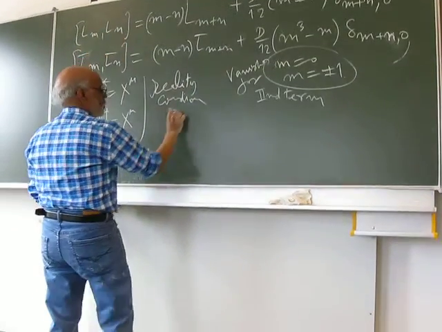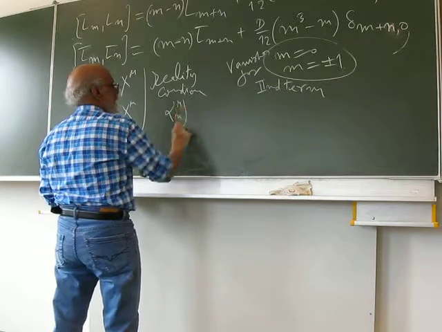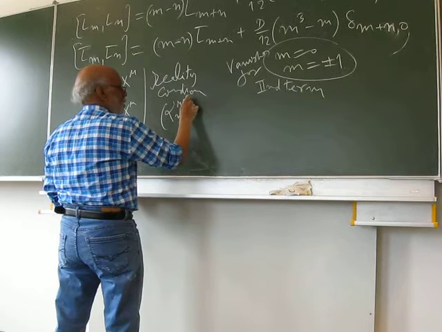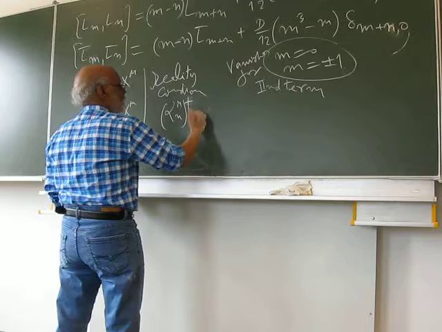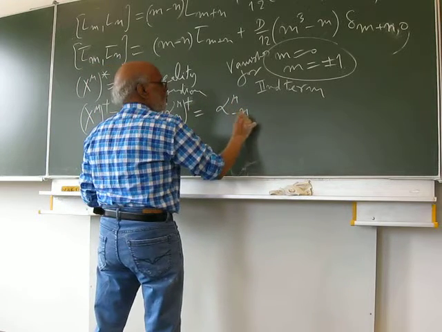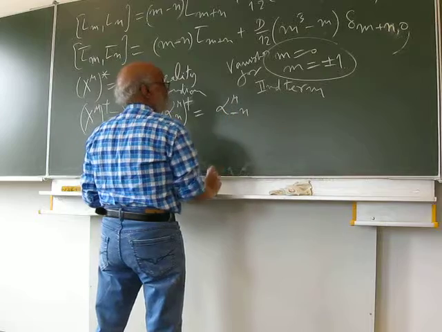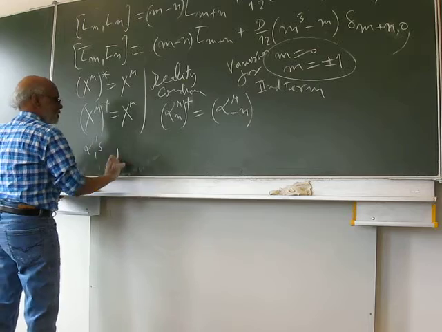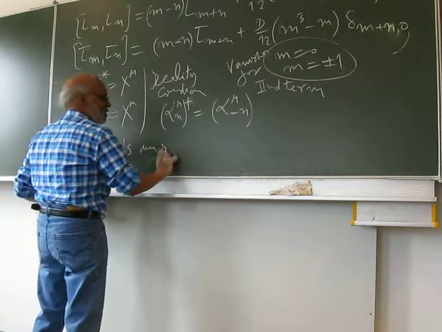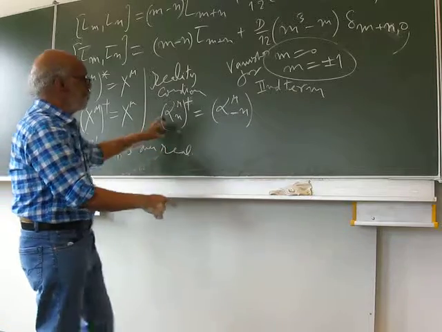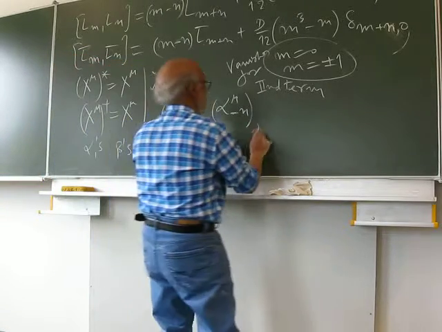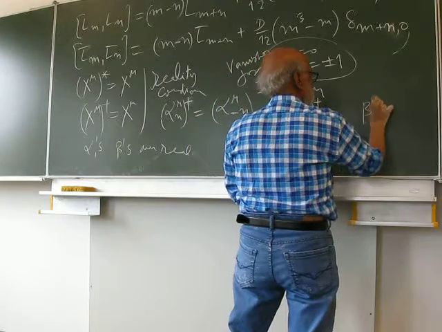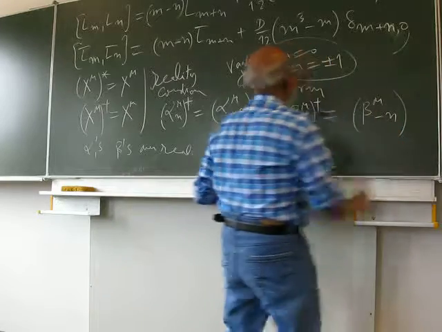This would tell you that alpha^mu_n star or dagger would be alpha^mu_{-n} on the one hand, and these alphas and betas would be real. Alpha^mu_n dagger is alpha^mu_{-n}, and beta^mu_n dagger is beta^mu_{-n}.